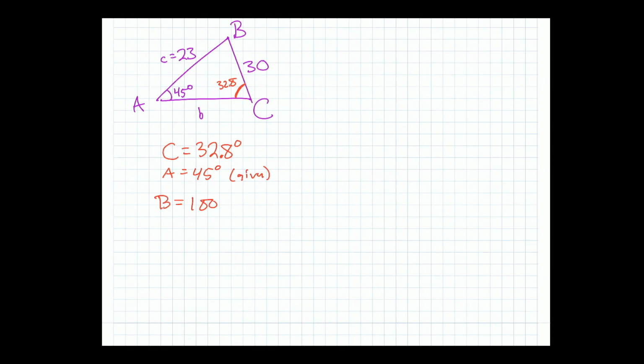B would be 180 minus 32.8 minus 45, which you would get 102.2. Does that make sense? So if that was your C and your A, this would be the B that you get.